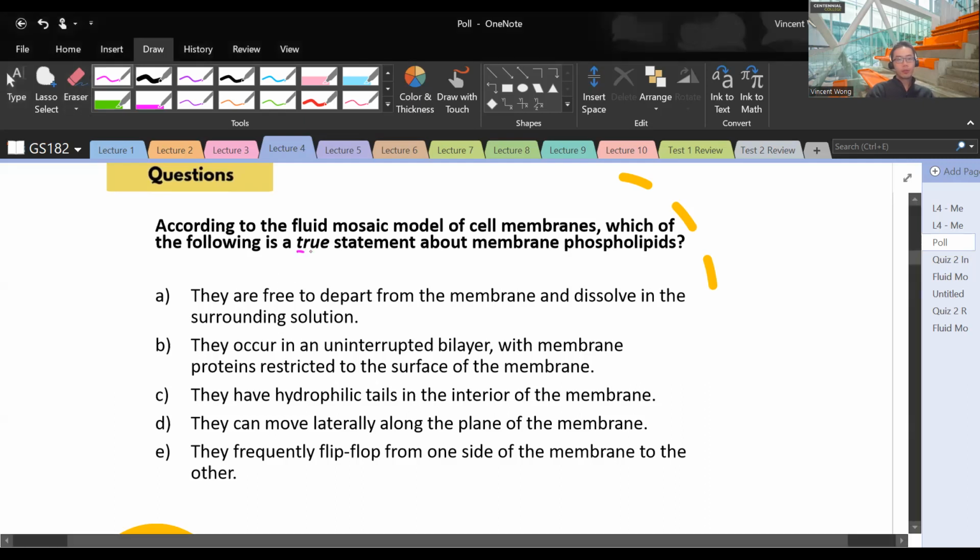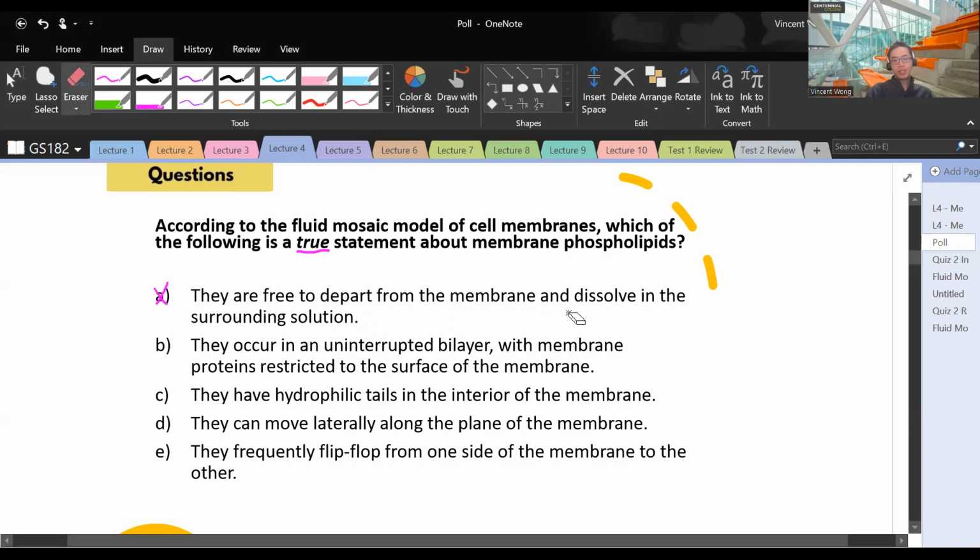We are looking for the true statement. They are free to depart from the membrane and dissolve in the surrounding solution. That is definitely not true. Because if that's the case, then your membrane would just spontaneously degrade and the cell would die, right? So that's not something that happens.